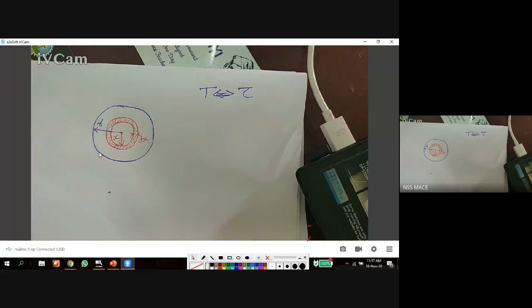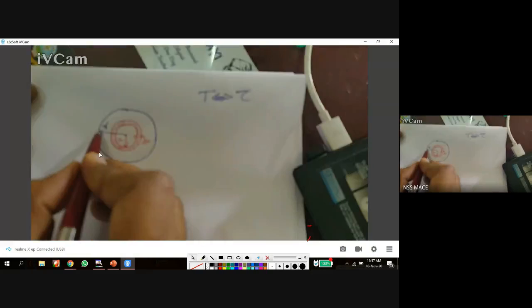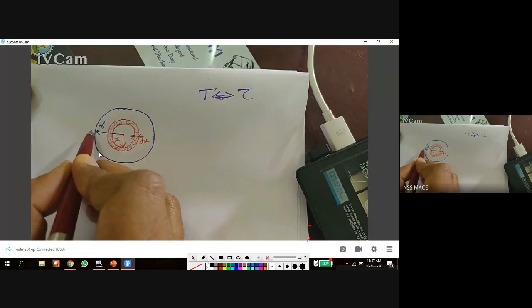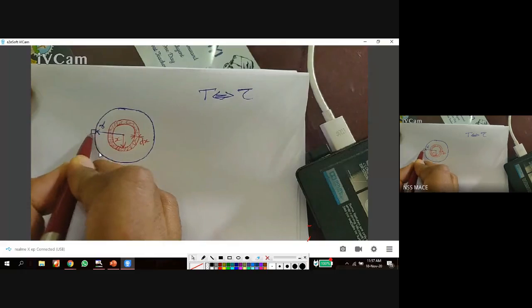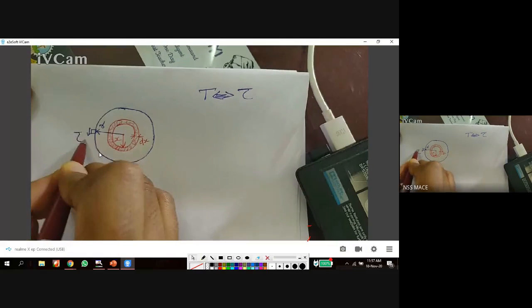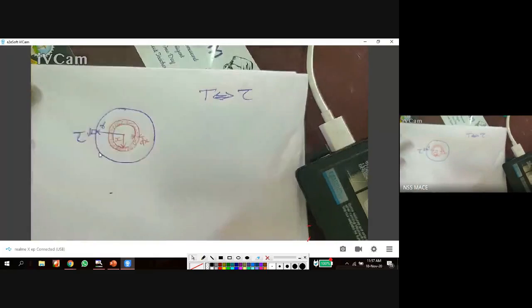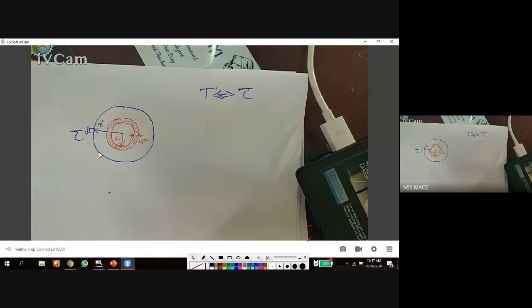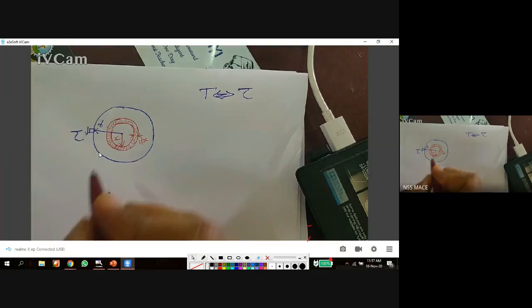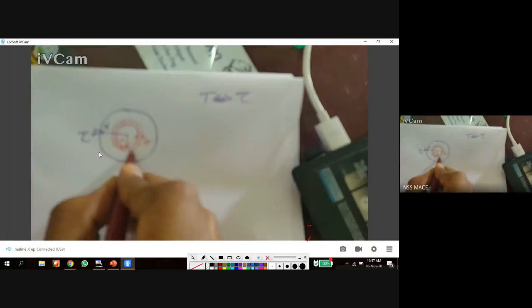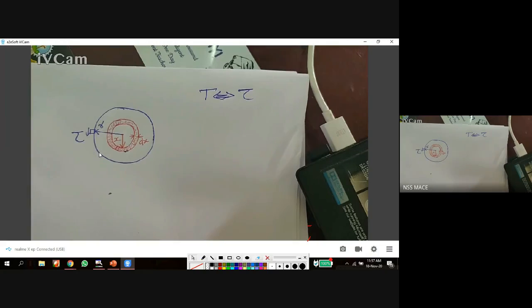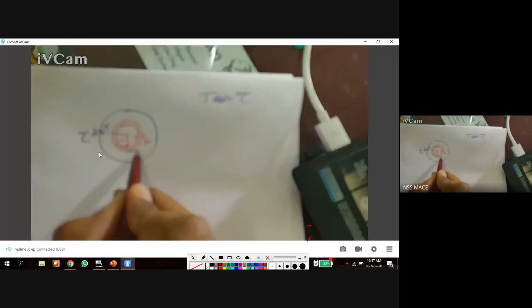At this radius, if I consider an element where the shear stress developed is equal to tau, tau is the shear stress developed. At this element, a shear stress of tau x is developed.